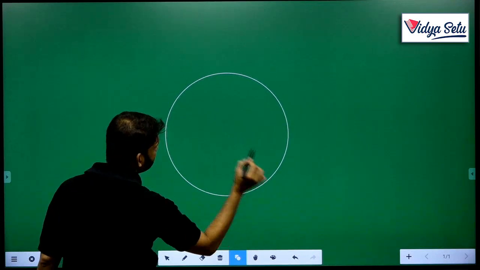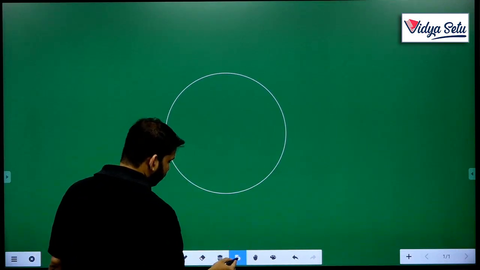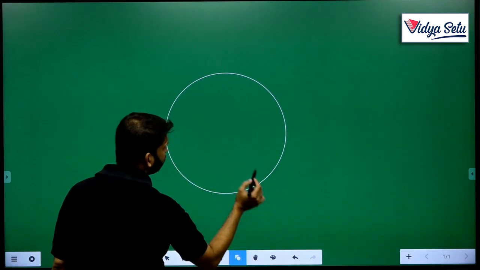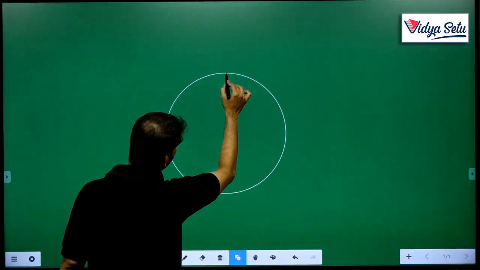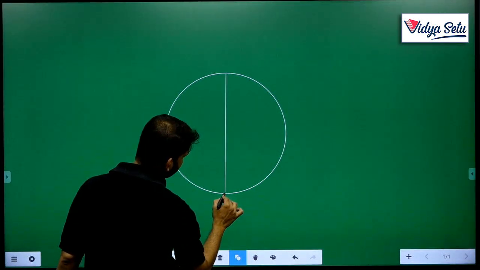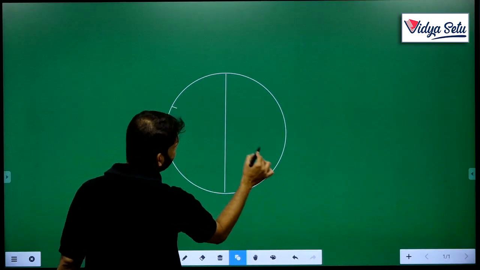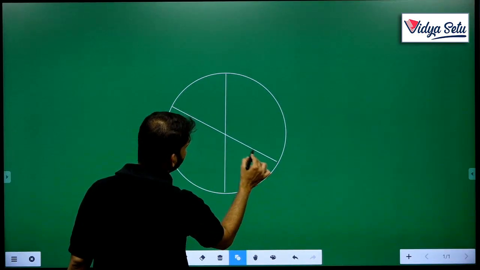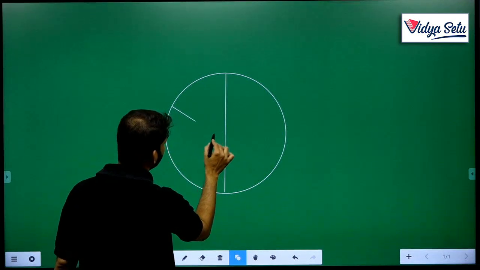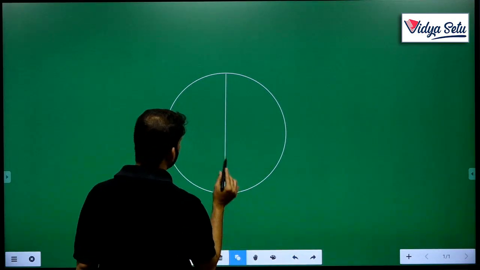Assume this pizza was the entire profit of the firm. It was divided into 5 equal points. My diagram might not be equal, but you have to be very careful that when you draw it, it needs to be equal.